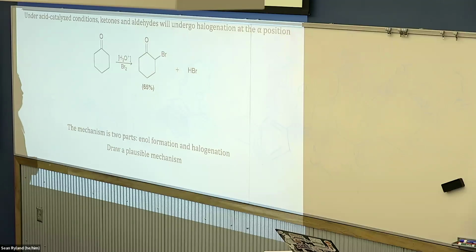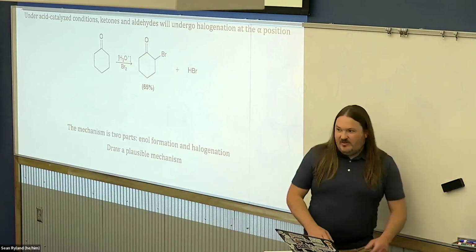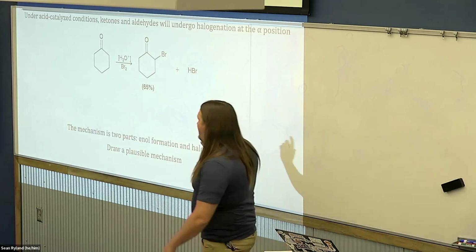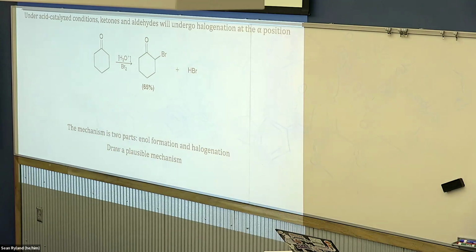All right, so what are some other reactions that can happen? This is one that before they understood the mechanism, they were able to demonstrate that you could brominate the alpha carbon under acidic conditions.